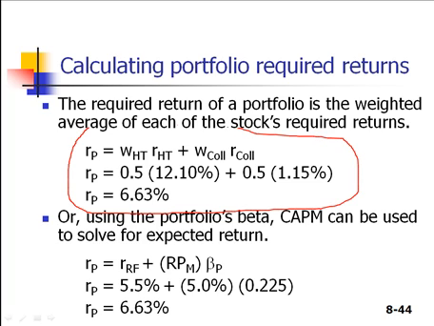You could use this method, just take a weighted average of each. So either way is just fine, and they will both lead you to the same answer.